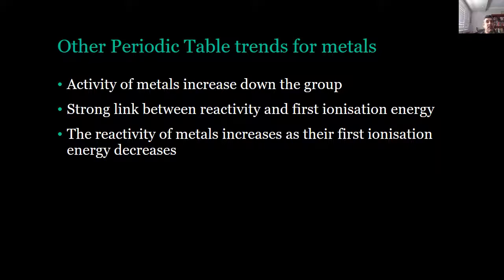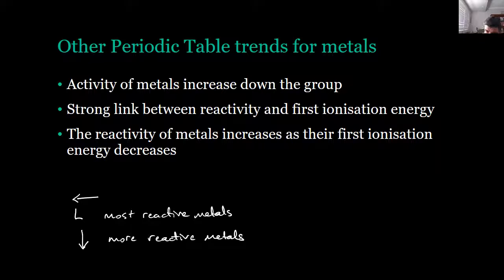As I mentioned, there's a few other things that we can use the periodic table to help us do. The first thing is that whilst over on the left of the periodic table are the most reactive metals, we know that going down the groups are also going to be more reactive metals.